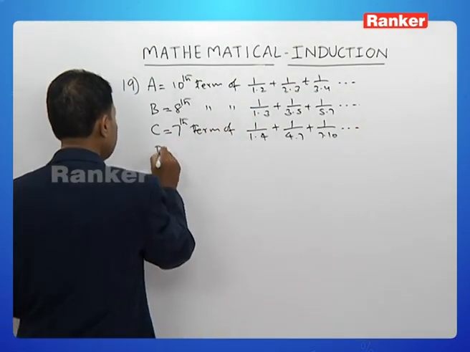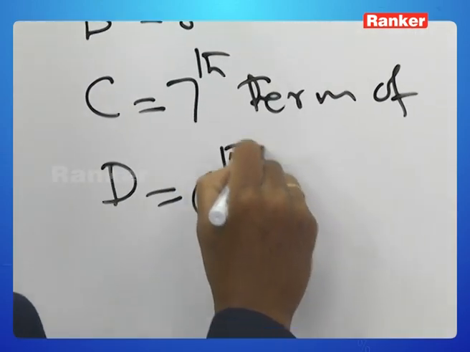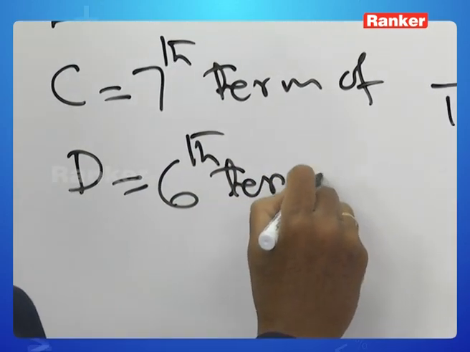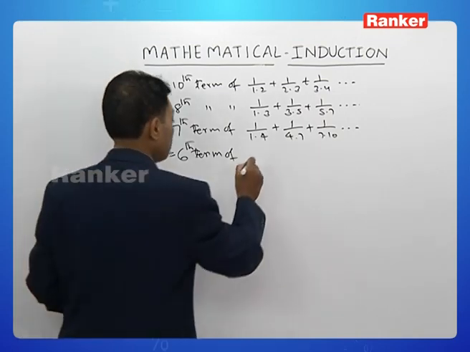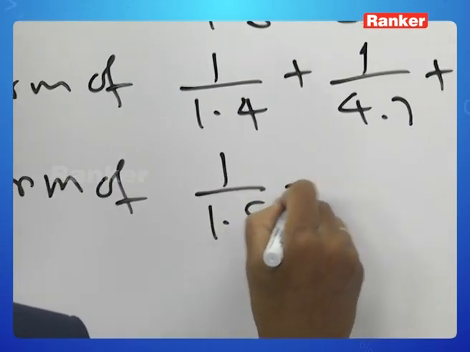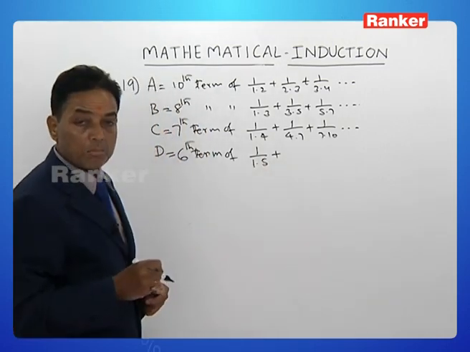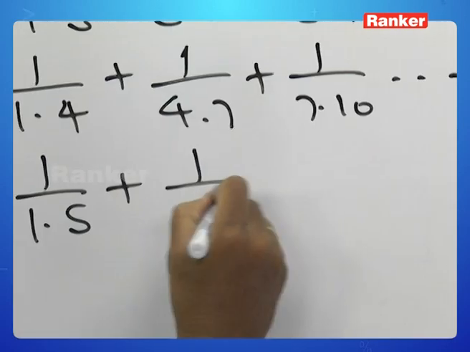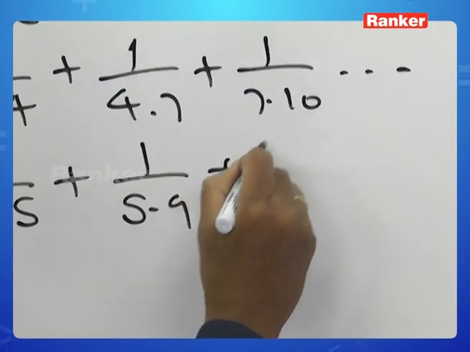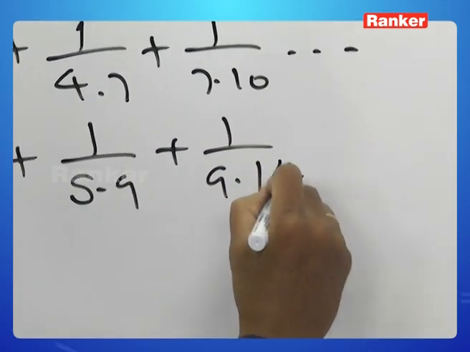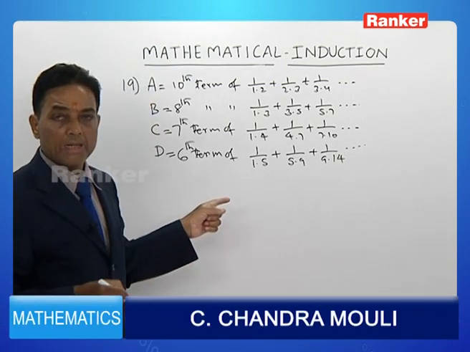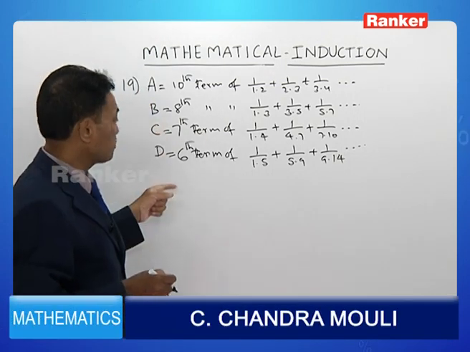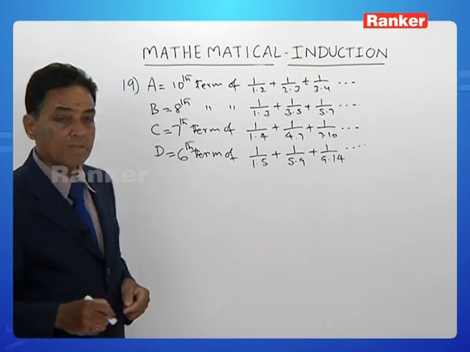Now finally D, the 6th term of the series 1 by 1 into 5 plus 1 by 5 into 9 and 1 by 9 into 14 and so on. Now we have to write the values of A, B, C, D and write them in increasing order.